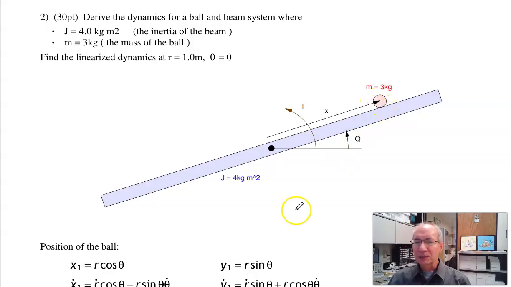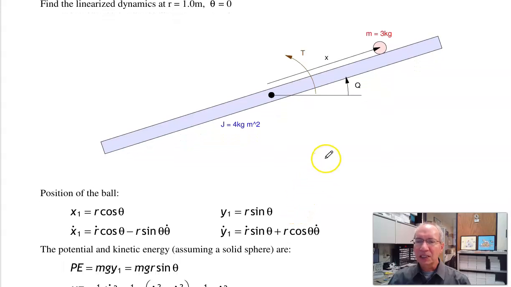What are the dynamics? So in this case, I need to specify the kinetic energy, potential energy of the system. The ball's position is r cosine theta, r sine theta, and this distance is r. X dot is r dot cosine theta minus r sine theta theta dot.